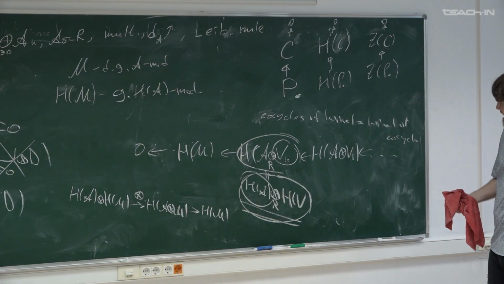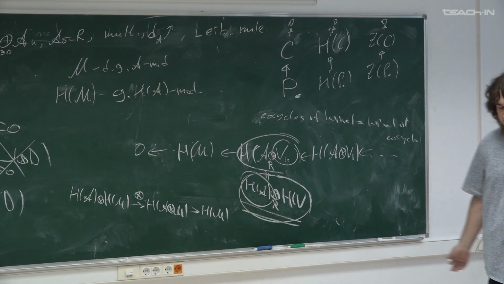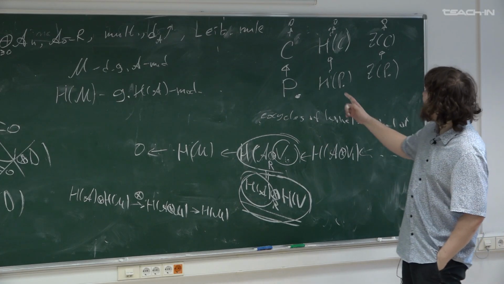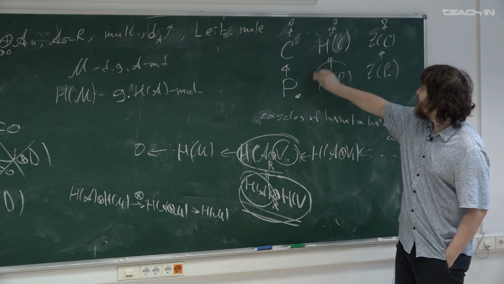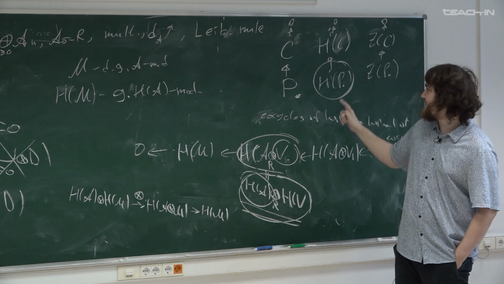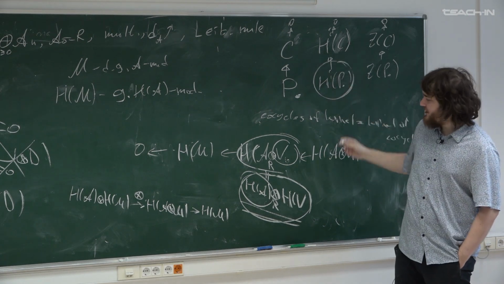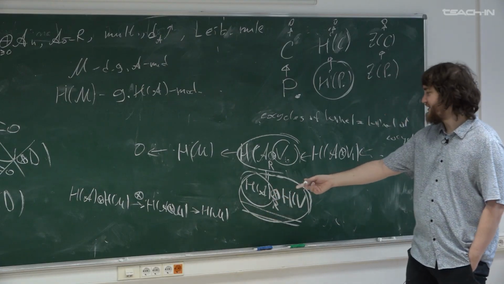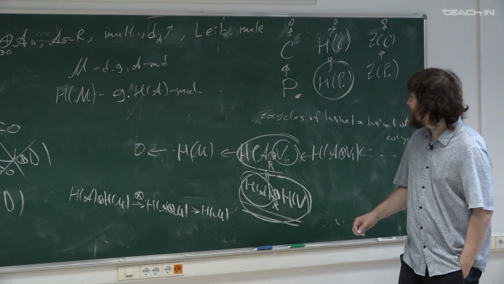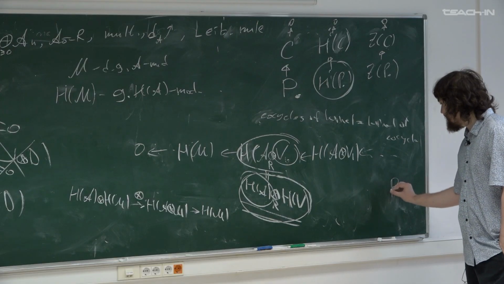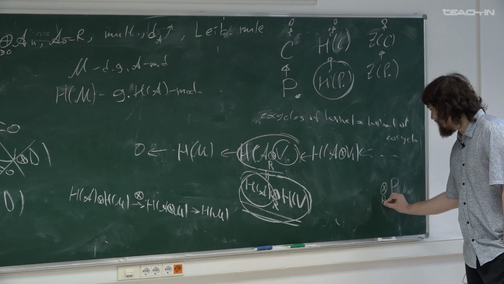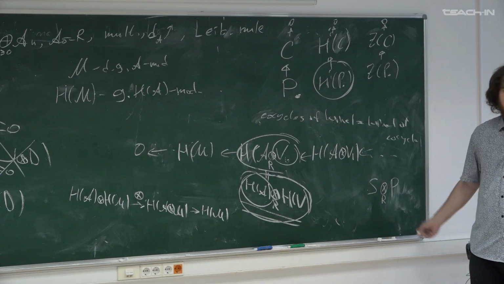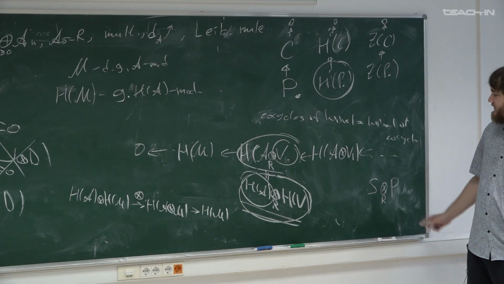And the final observation: as I said before, these modules are projective R modules. It's a projective resolution of homology. So this is a projective R module, and HA is a ring. We know that if I have a projective R module and I consider the tensor product with some other ring S, this is a projective S module.